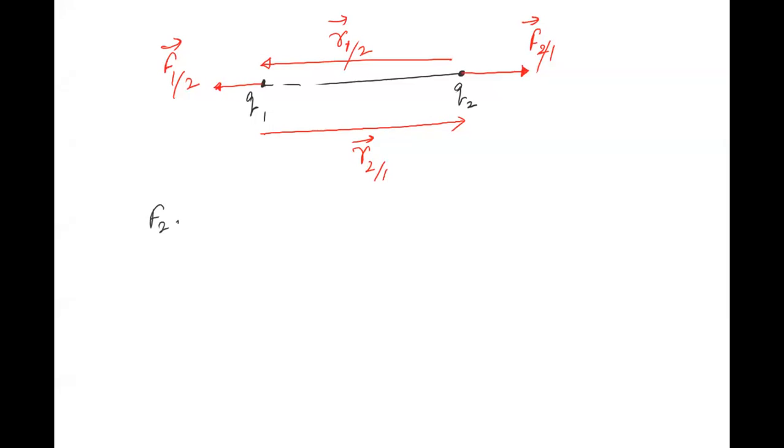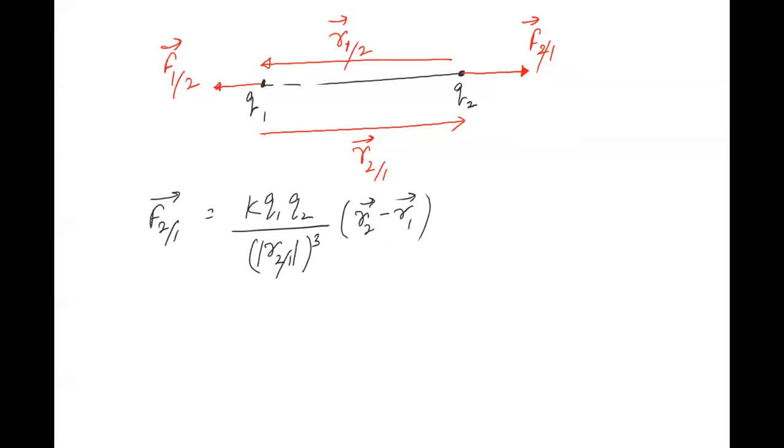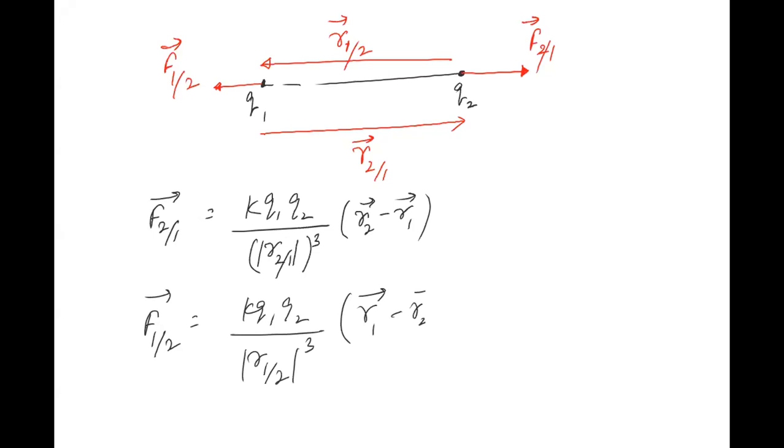F21 is equal to k q1 q2 divided by the cube of the magnitude of R21, multiplied by the vector R21, which I wrote as R2 minus R1. Similarly, the force on 1 due to 2 is k q1 q2 upon the cube of the magnitude of R12, into R1 minus R2. This was the formula for the force on the two charges in vector form.